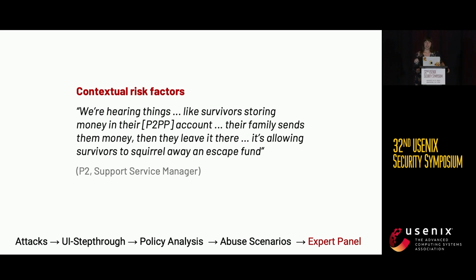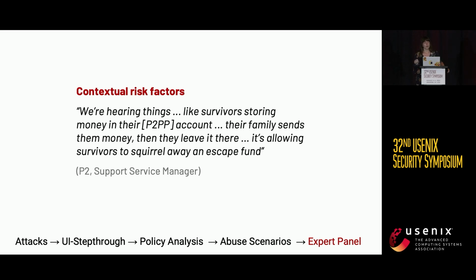So our abuse scenarios proved pretty successful, and we found out quite a lot more about UI-bound adversaries than we'd initially thought. One of these is understanding the contextual risk factors which cause UI-bound adversaries.